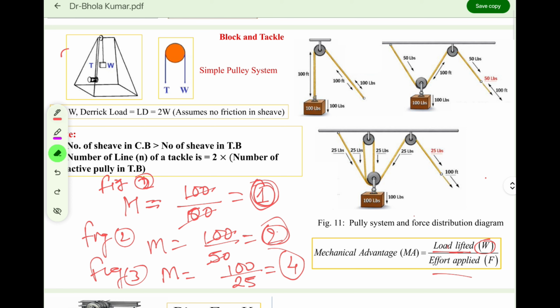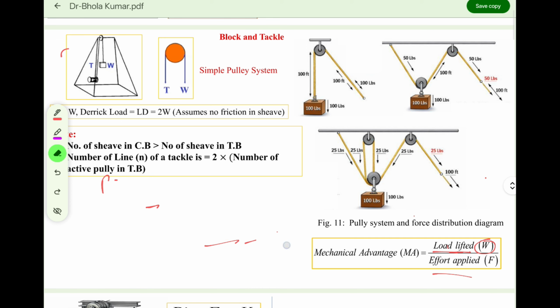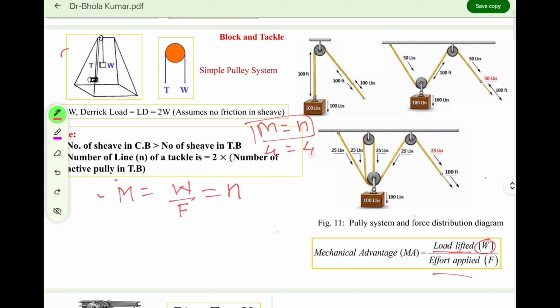So can I say mathematically, M is equal to W by F, which is equal to n? Because when the mechanical advantage is 4, the number of lines is 4. When the mechanical advantage is 2, the number of lines is 2. When the mechanical advantage is 1, the number of lines is 1.